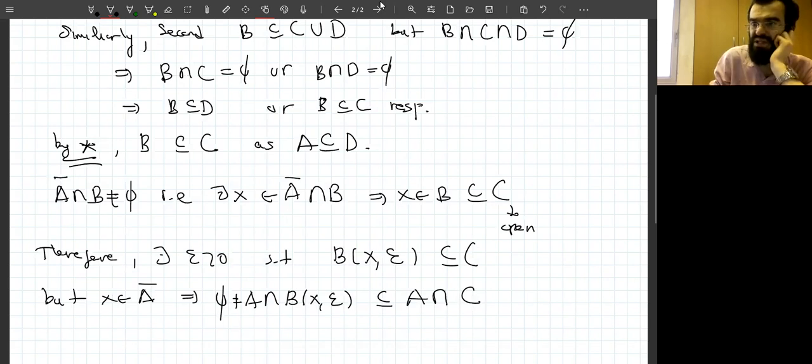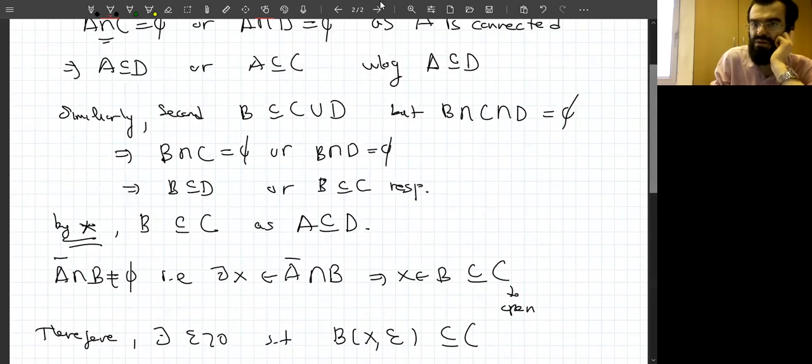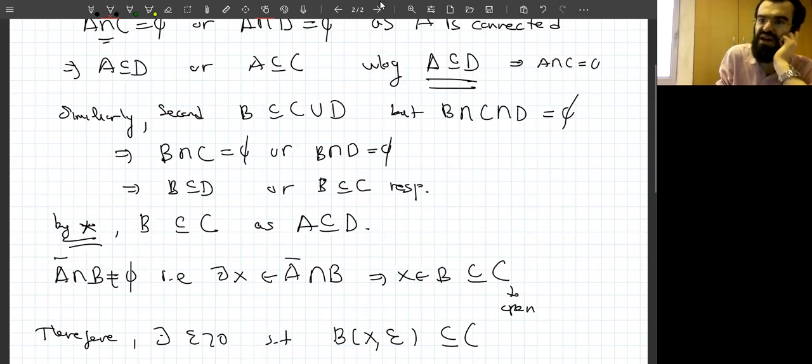But A is contained in D implies here, let me write, A intersection C is empty.